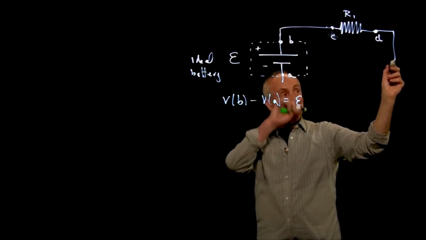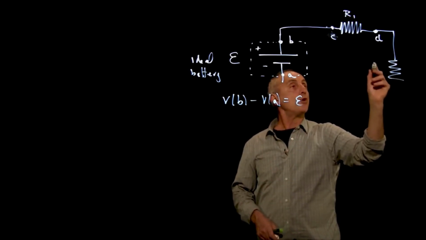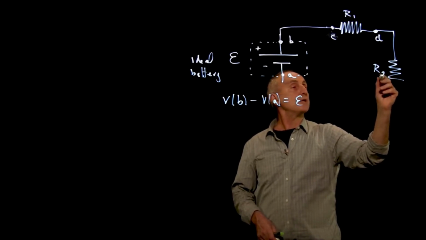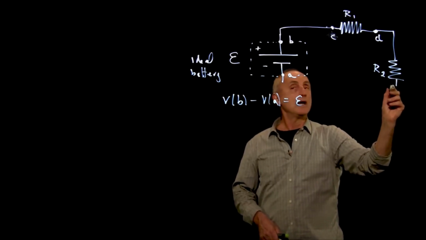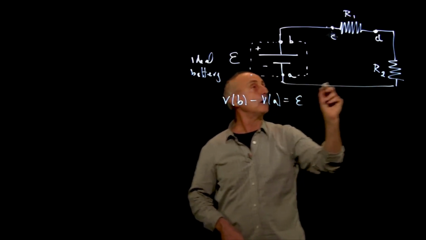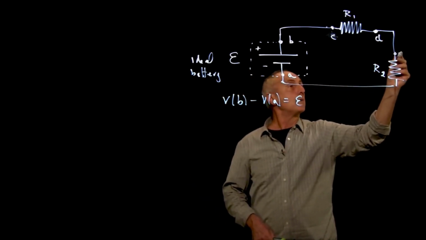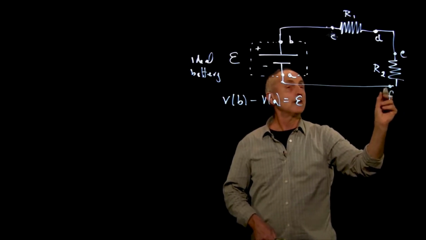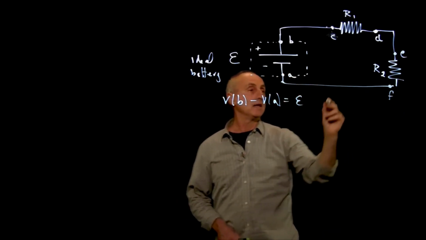And again, this another circuit element, it may be a light bulb, it may be a rolled resistor of some type. This will be a second resistor, R2, and we'll come back to where we are. Here's D. I'm going to call this E. On the other side here, F, and then I'm back to A.